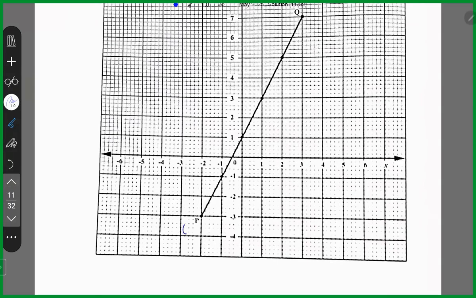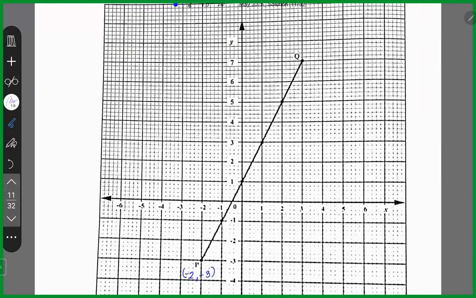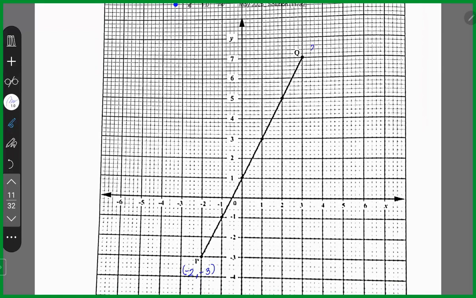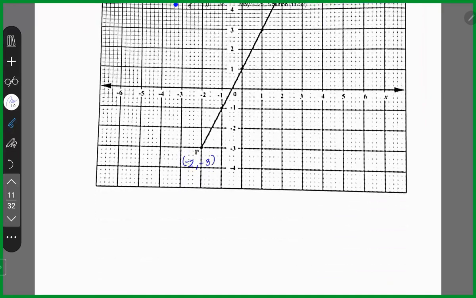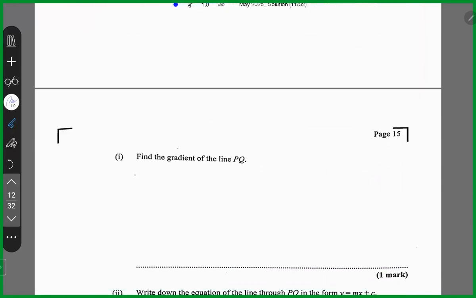P is the point -2, -3, and Q is the point 3, 7. The gradient M of PQ would be equal to y2 minus y1 over x2 minus x1.